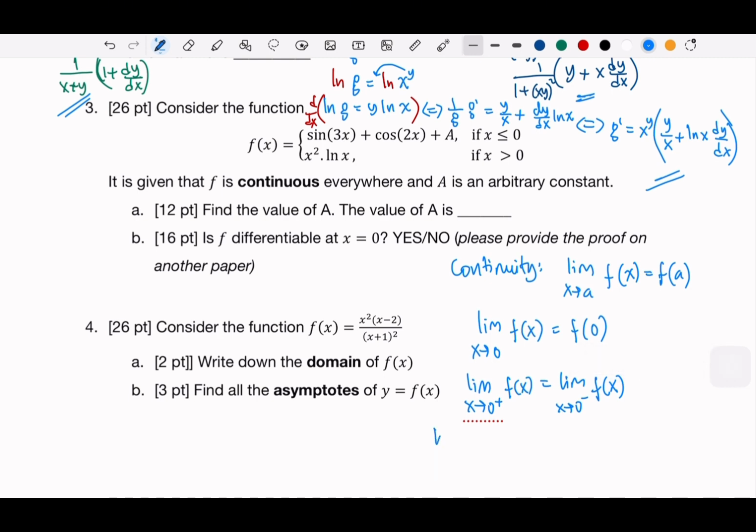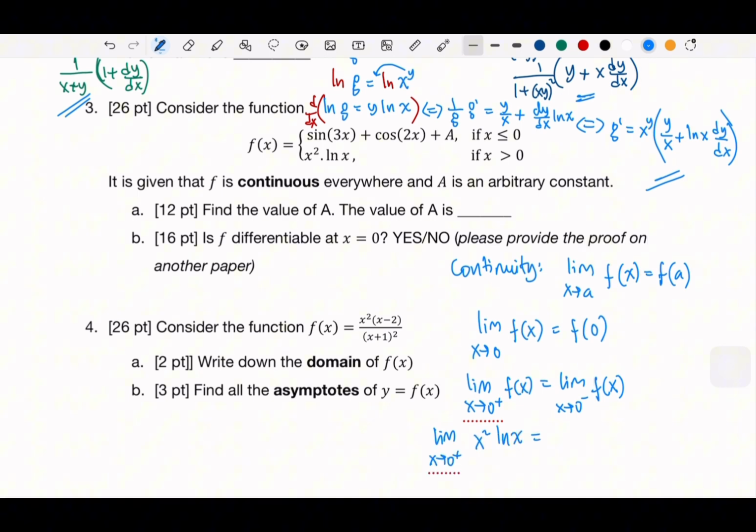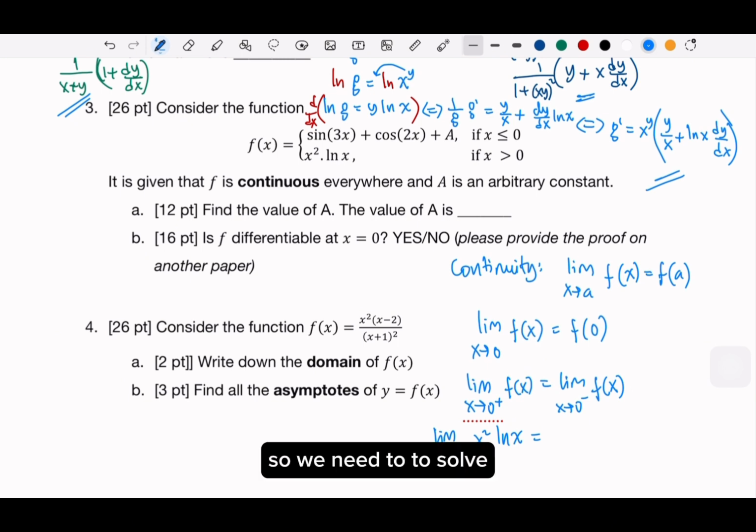So we need to solve the limit first. I think I mentioned that whenever you have a limit with ln, you need to see that it might be L'Hopital's rule.